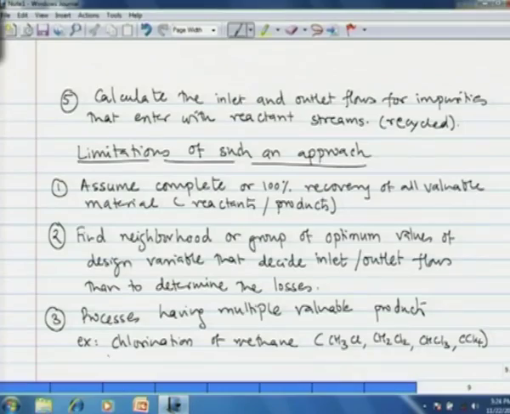Or another example could be that of amine processes, where monoethylenamine, diethylenamine and triethylenamine are the products. And then again we have to first go for the product distribution and then start the material balance.